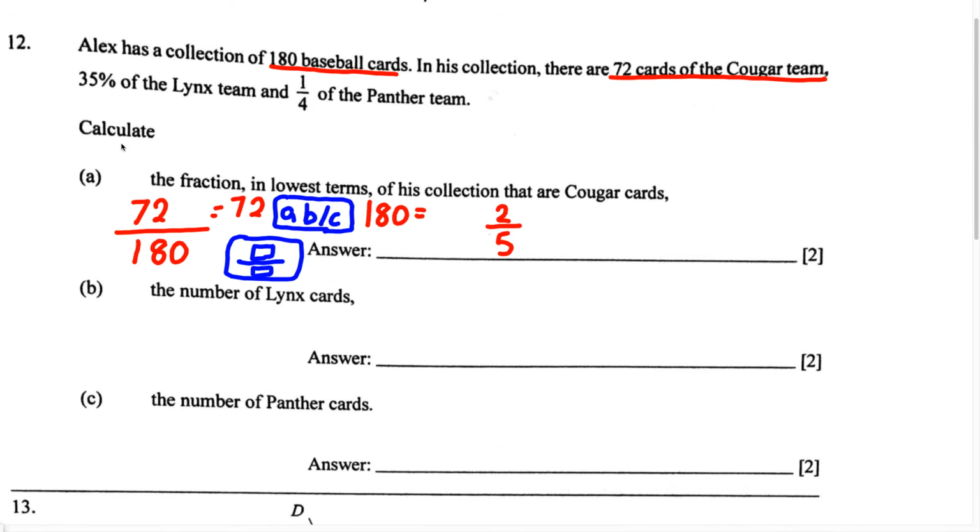All we're going to do is say 35 over 100 multiplied by the total number of cards, which is 180. When we solve for this, we can say 35 ABC 100 multiplied by 180 equals, and that's going to give us 63.